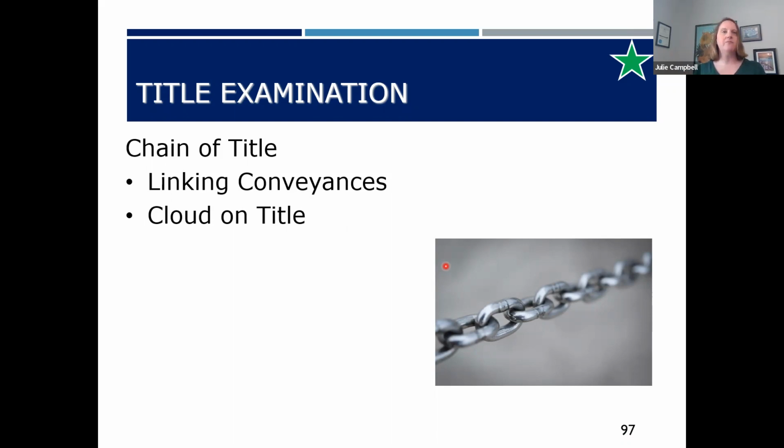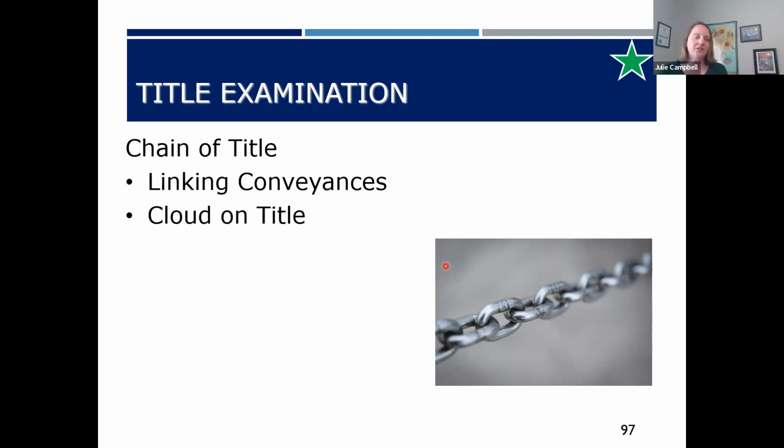The seller. The grantee is who? The buyer. So the seller on this deed has to be the one that bought it on the deed prior to that. They're making sure that those conveyances link.